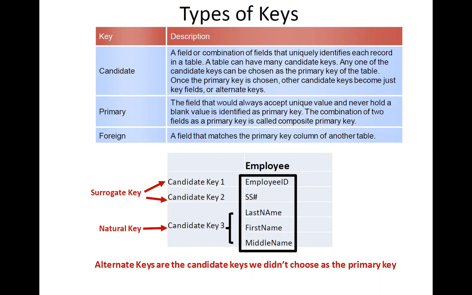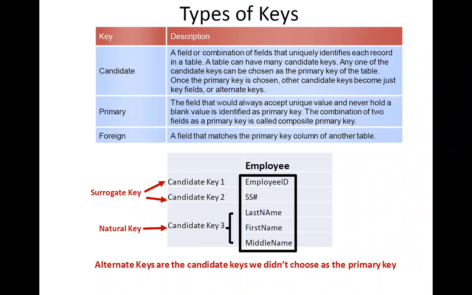In other words, we use the primary key and foreign key pair to relate a parent entity to a child entity or vice versa. So these are the three different types of keys.